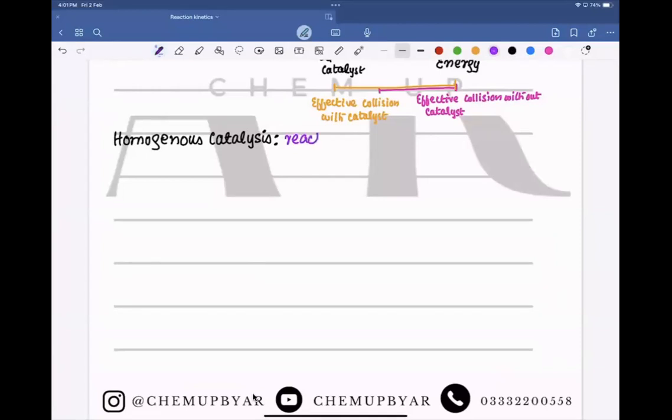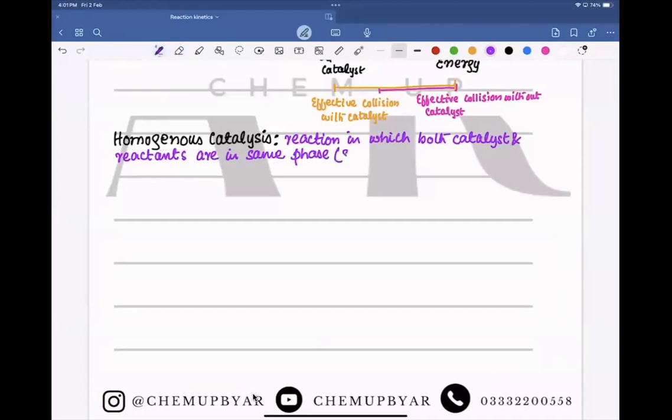It's a reaction in which both catalyst and reactants are in the same phase.